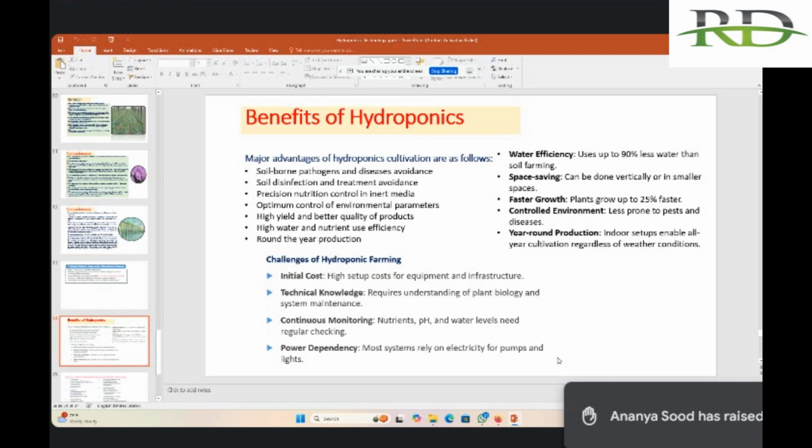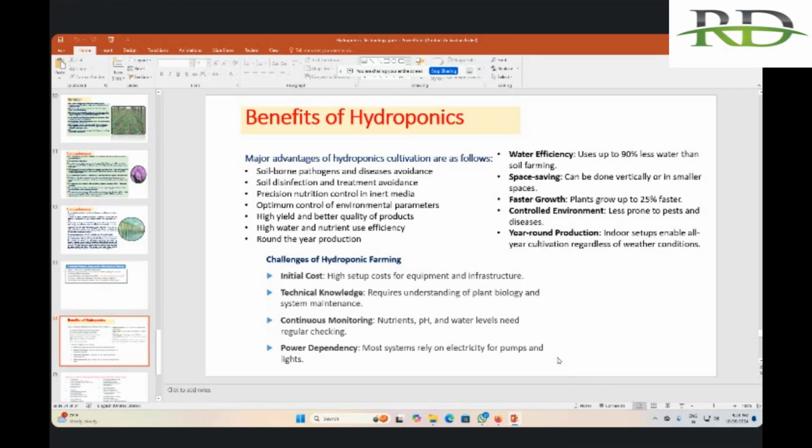Then we need materials like grow bags, S forks and trellising systems, which also cost more. So these hydroponic systems initially cost more, but they will give higher revenue in the end.